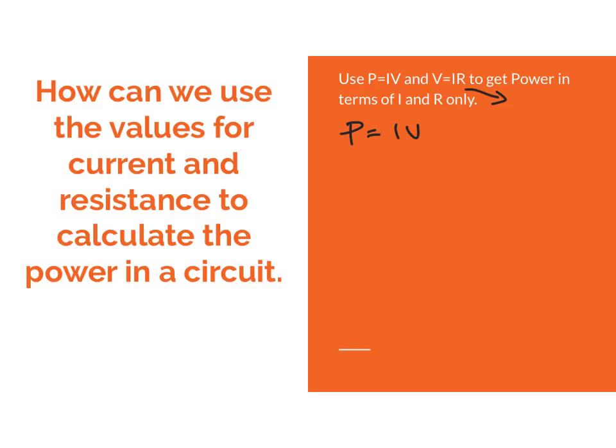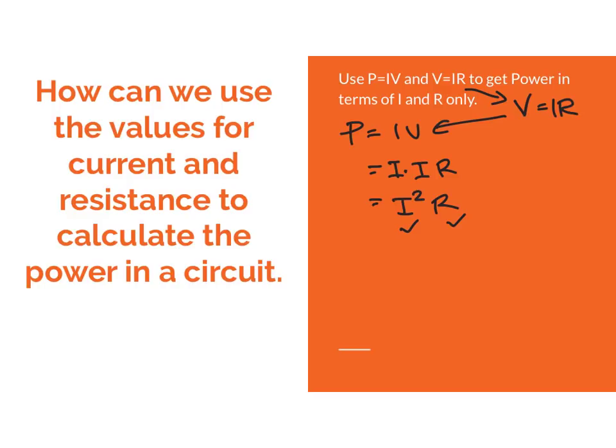We'll start there, and this time we want I and R as the only two, so we want to eliminate V. So we can do a direct substitution straight in for this V value, and we get I times IR, which is equal to I squared R. So if we want to calculate the power of the resistor, and we have the values for current and resistance, we can then work out how much power is dissipated in that circuit.